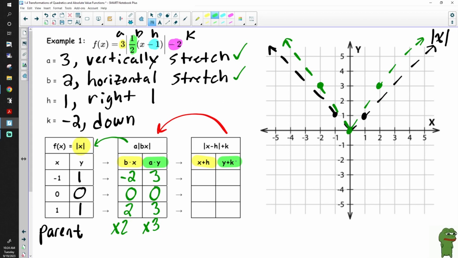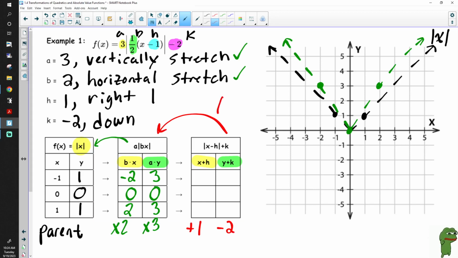So what was our h value? Positive 1, so we're going to add 1 to all the x values. Our k value was -2, so guess what we're going to do? Subtract 2 from the y values. And that will give us our final answer.